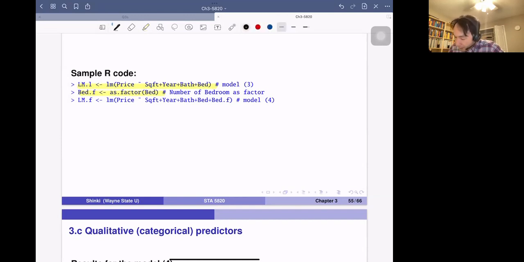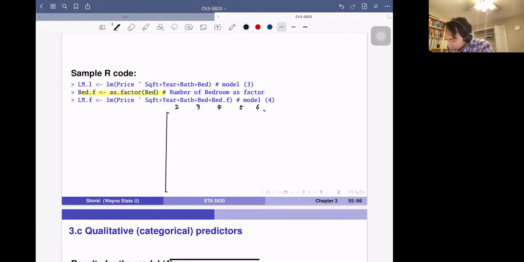This is basically a matrix of indicator functions. This yellow one is the as.factor(bed), the number of bedrooms that we have. Okay, so baseline is 2. Then we have 2, 3, 4, 5, and 6 bedrooms.